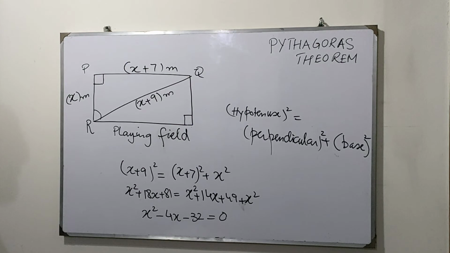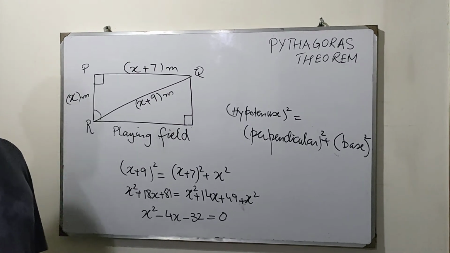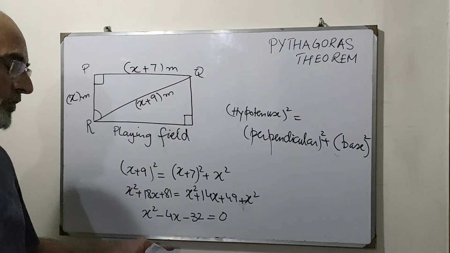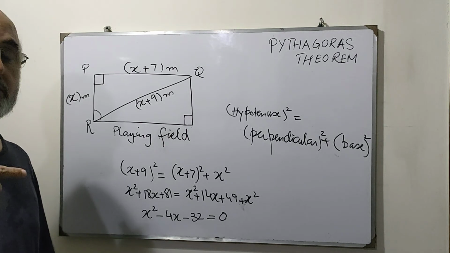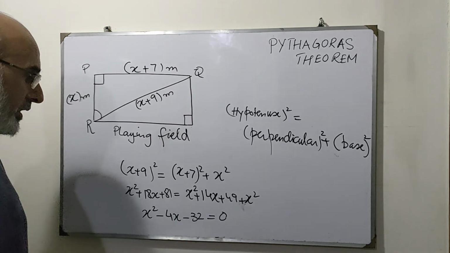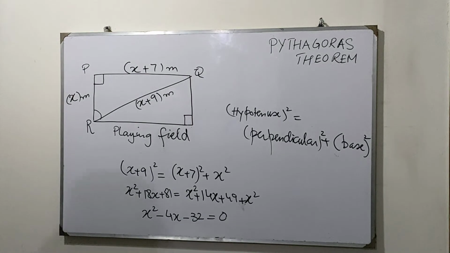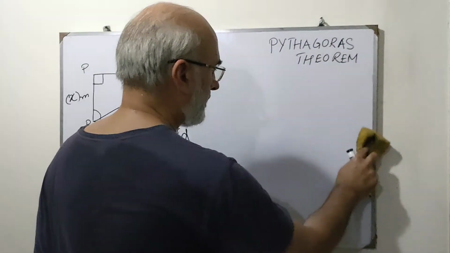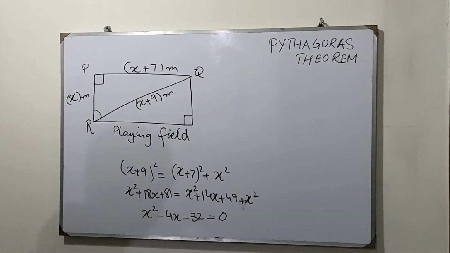So here I have a quadratic equation, and how did we used to solve these? By middle term breaking. Let's apply that. We can apply the quadratic formula also, but right now I'm going to apply middle term breaking.